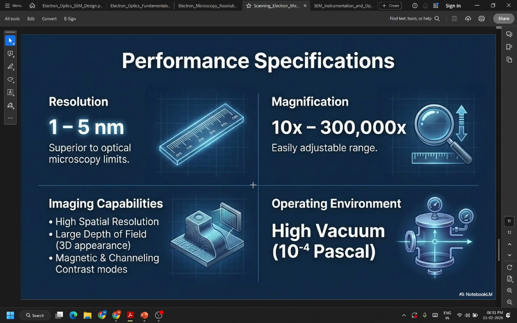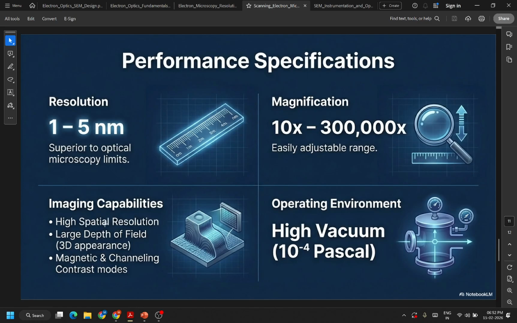So if you see the performance of an SEM, it has a resolution within 1 to 5 nanometers, which is over 100 times better than an optical microscope. It also has a very high magnification range, so it can go from 10x all the way up to 300,000x, with very easily adjustable magnification.